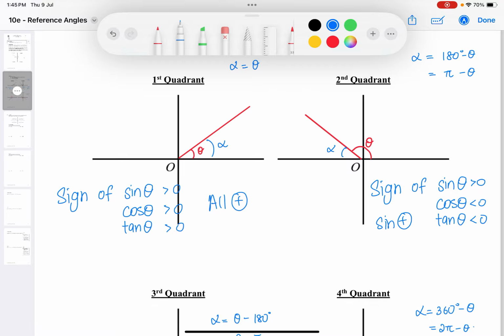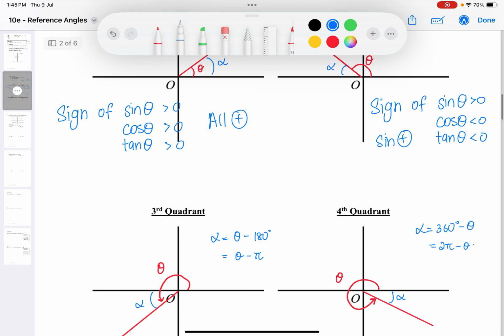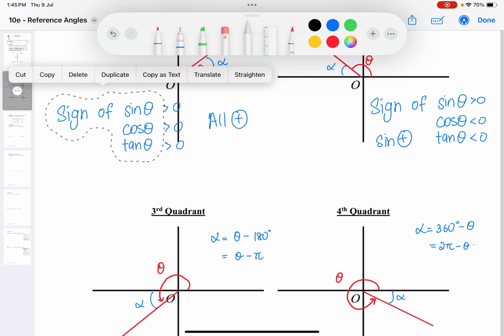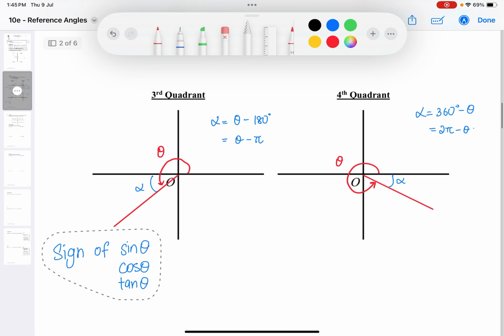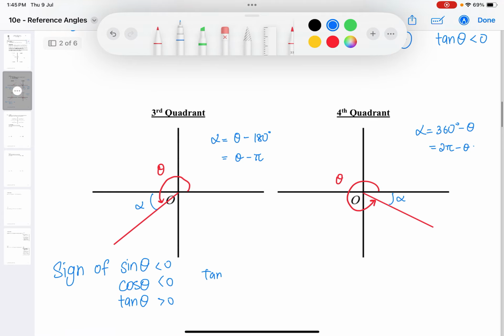In the third quadrant, we have tangent being positive and the rest are negative. So only tangent is positive.